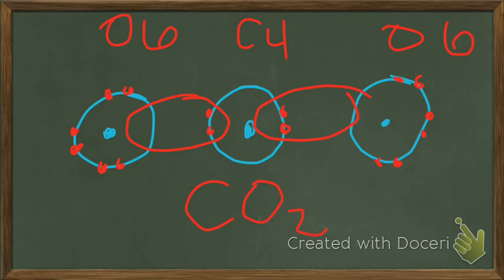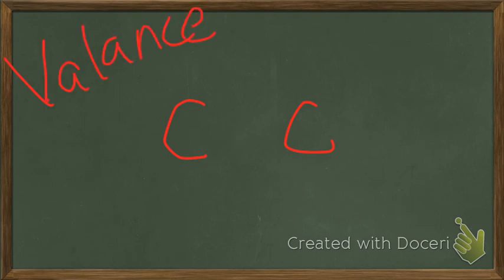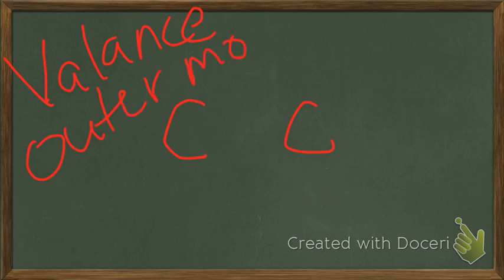Alright, so this is what the big deal is about carbon. Carbon can also actually bond to itself. Okay, and we're going to talk about that some more later on. So valence electrons are the ones at the outermost, right? They're the outermost electrons. Okay, the outermost at the very last orbital.